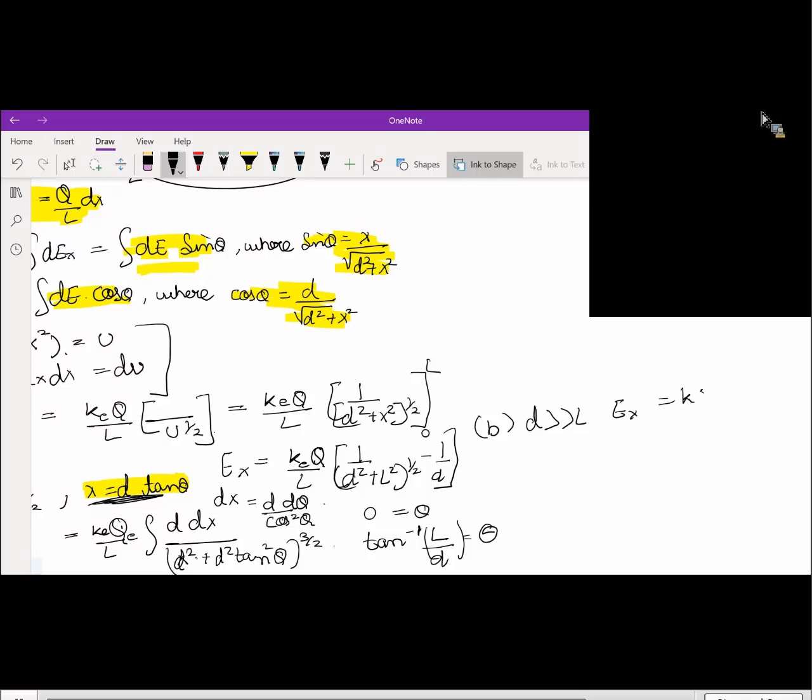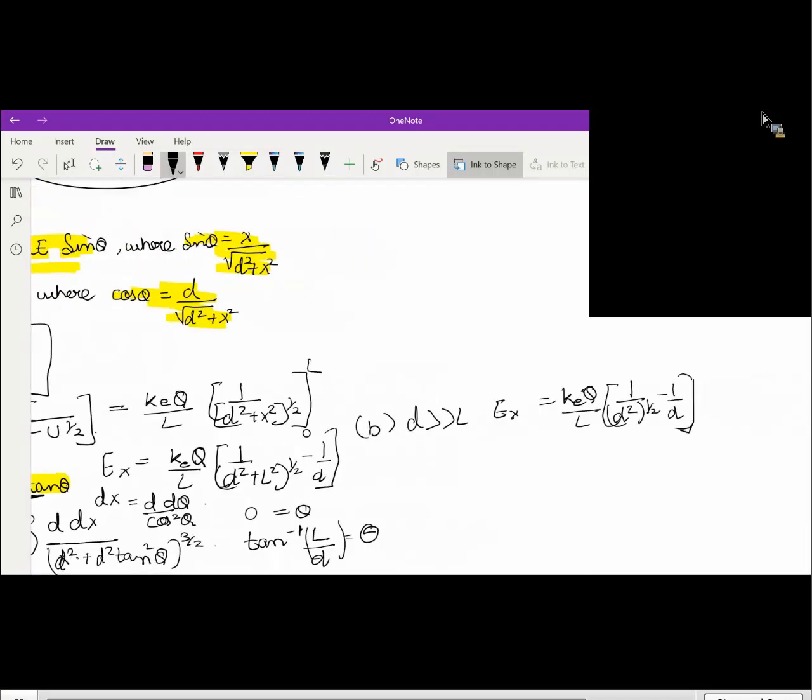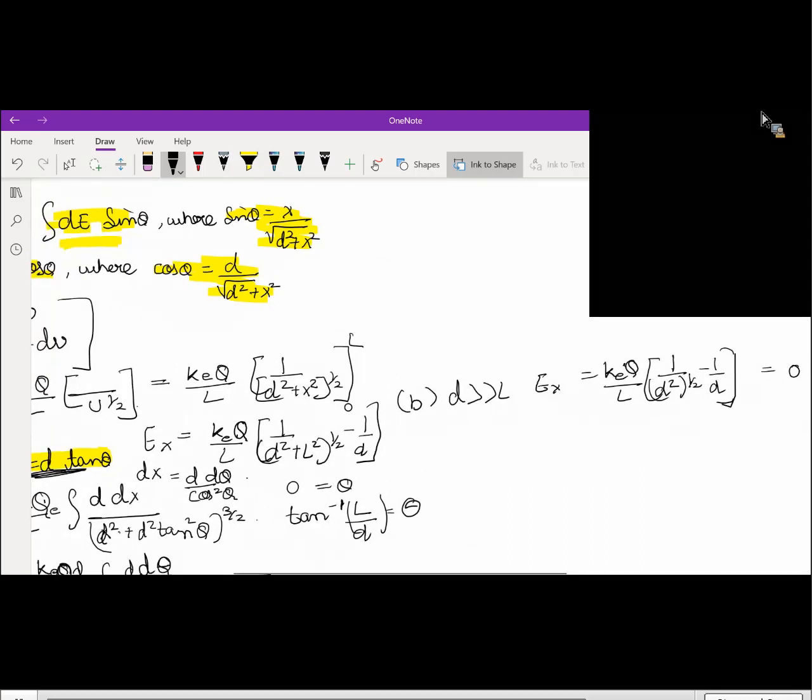Ke, you can neglect L, e square, 1 by t minus 1 by t, which is 0. So Ex goes to 0.